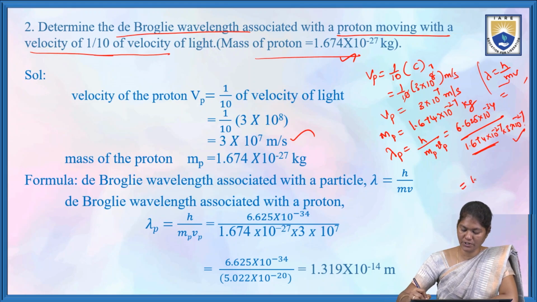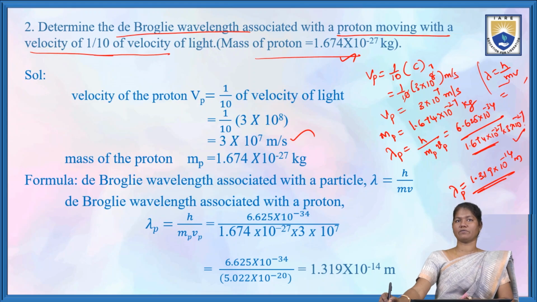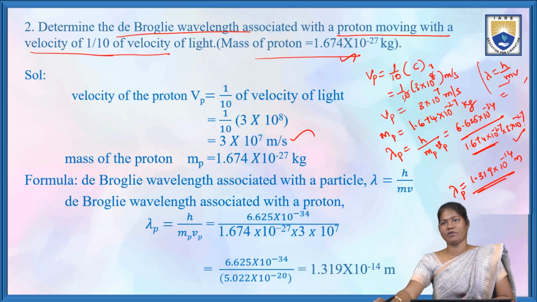Calculating, we get 1.319 into 10 power minus 14 meters. This is the wavelength of the proton moving with velocity 1 by 10 of the velocity of light.